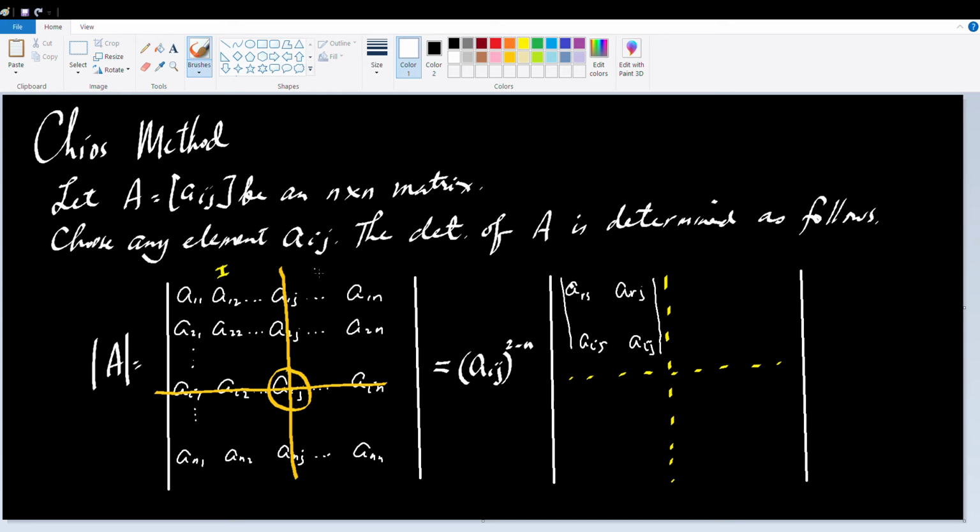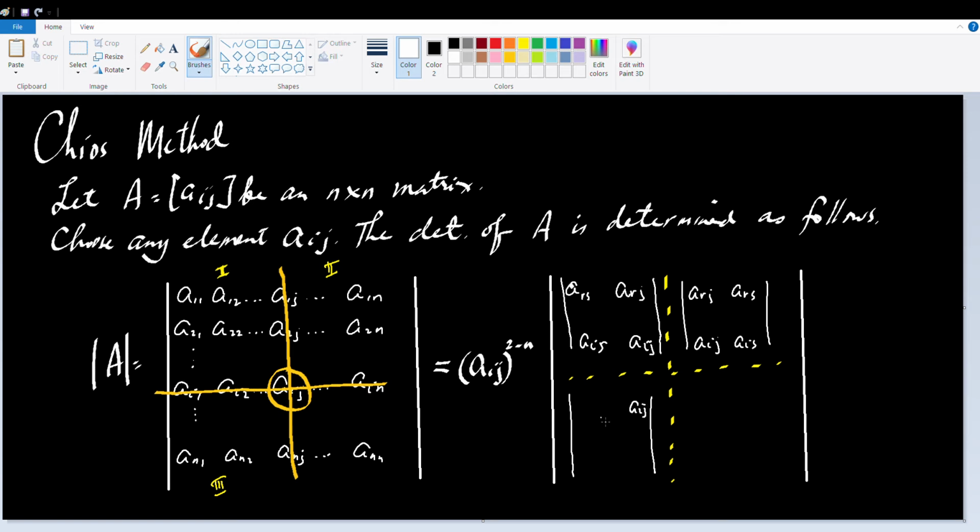Now for each entry in this quadrant, we call this my second quadrant. Here's the location of my Aij, and each entry Ars in this quadrant is replaced by a 2 by 2 determinant Ars, Arj, Ais. For this third quadrant, each element Ars will also be replaced by a 2 by 2 determinant.